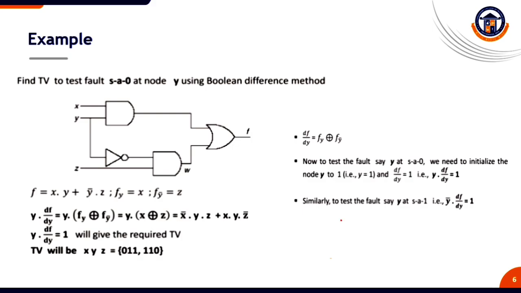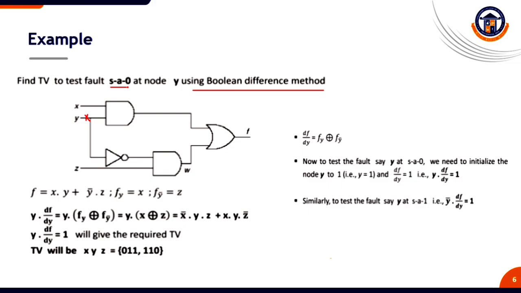First we find the test vector to test a stuck-at-0 fault at node y using the Boolean difference method. We follow different kinds of methods to find the test vector, but in this lecture we are mainly focusing on the Boolean difference method. The first concept is to find the test vector if this y line is affected by stuck-at-0.